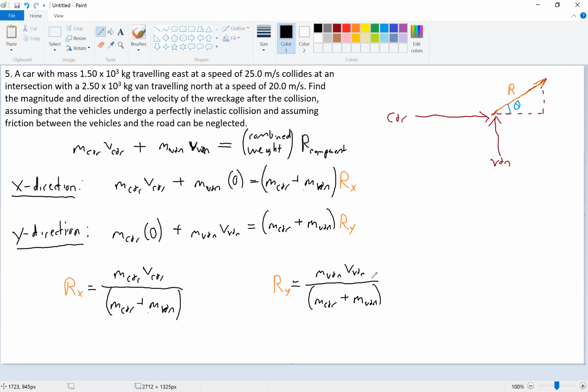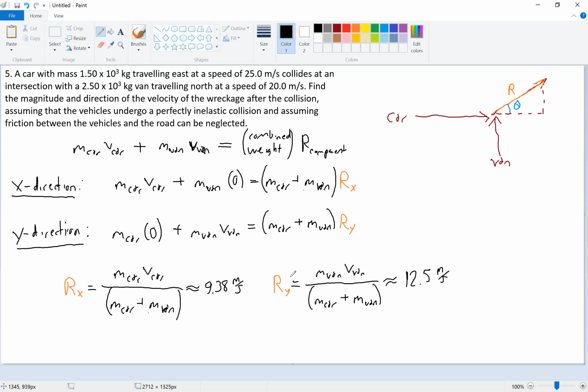And so if you do the numbers, Rx is going to be 9.38 meters per second, and Ry is about 12.5 meters per second. And so those are the components.